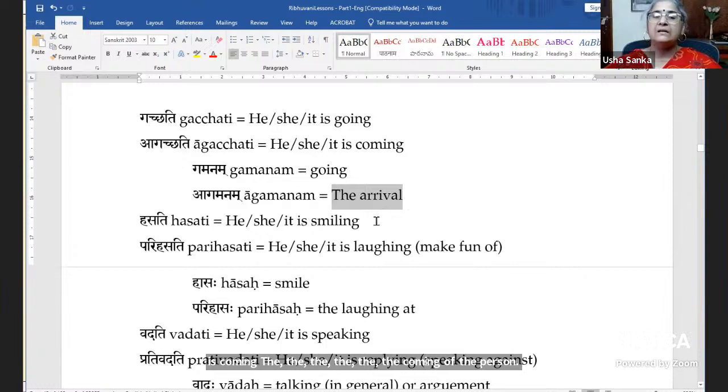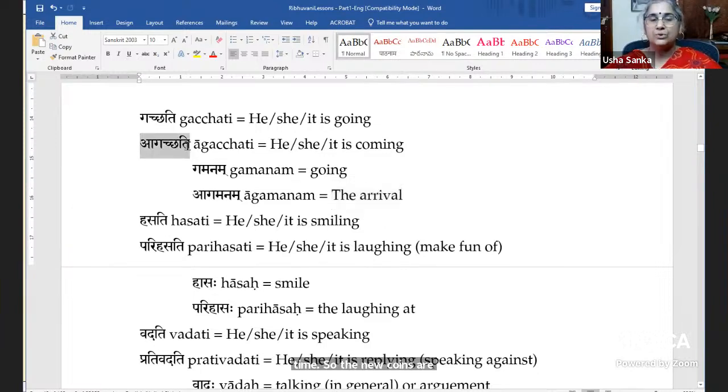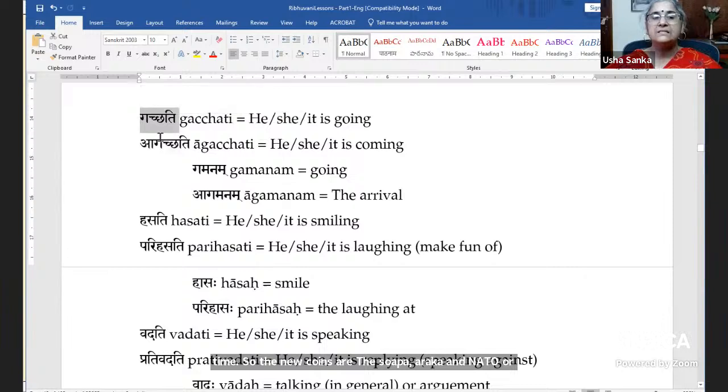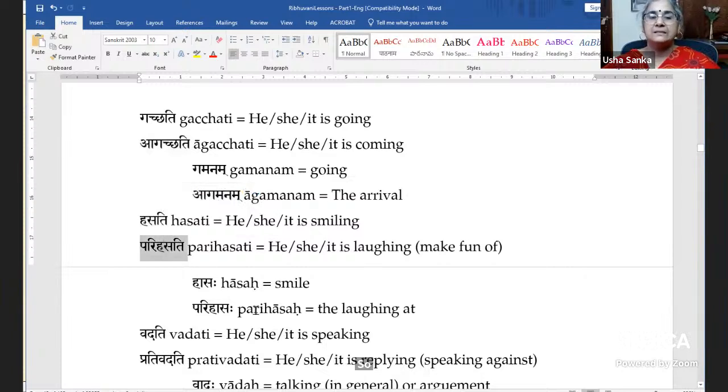All this we have learnt last time. So the new point is that the sopasargaka dhatu form is a new dhatu. It has nothing to do with gachati. So gachati is different from agachati for all practical purposes. Hasati is different from parihasati.